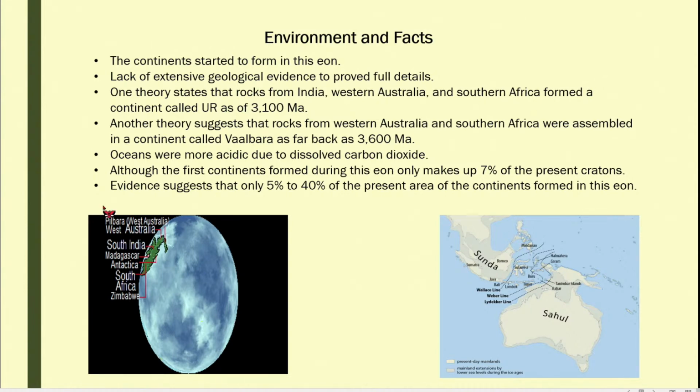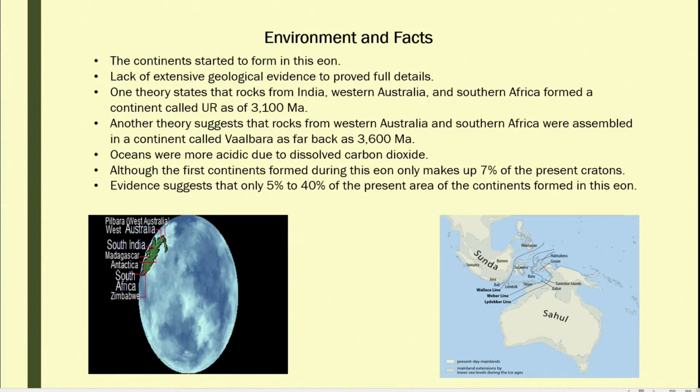And the two different comparable continents are represented in these photographs. Now, the one on the left is the continent Ur and the one on the right is the continent Vaalbara. Two theories that are presented in such case when analyzing the creation of the Earth.